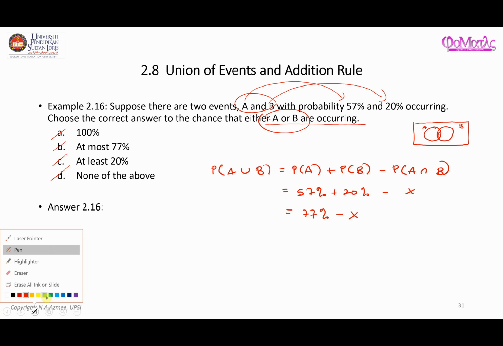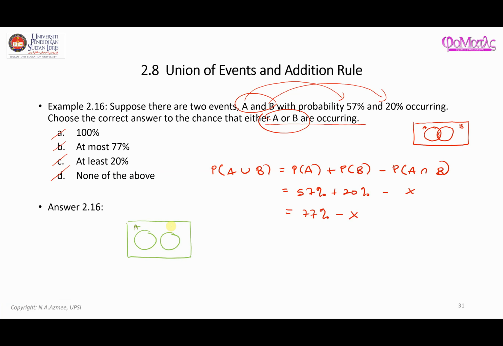There's also another possibility where the events are mutually exclusive. So when the events are mutually exclusive, there is no intersection here because the sets are properly separated. And in this case, probability of A union B is going to be equal to P(A) plus P(B). And the intersection here is going to be just 0. There is no intersection. And in this case, we will have 57% plus 20%, and that is equal to 77%.